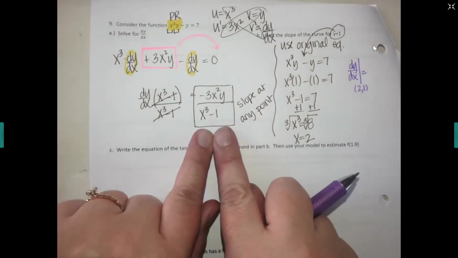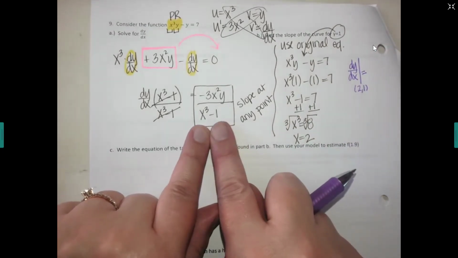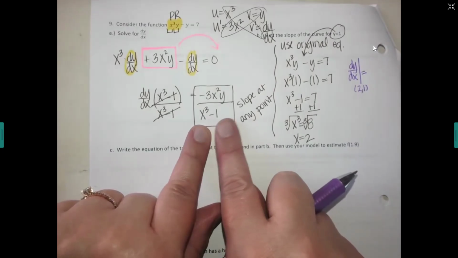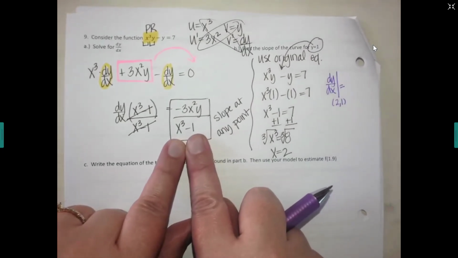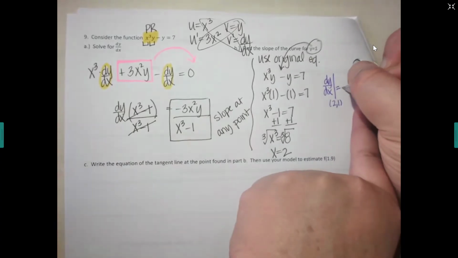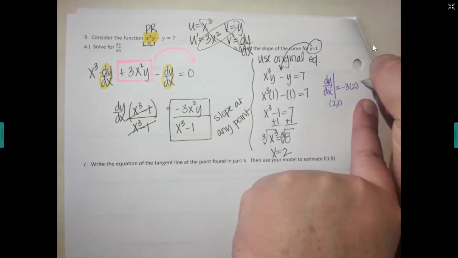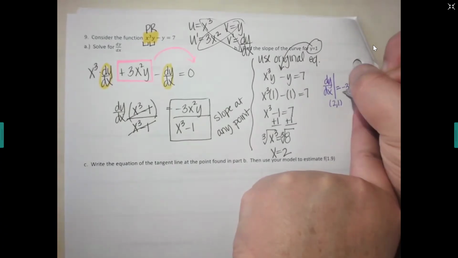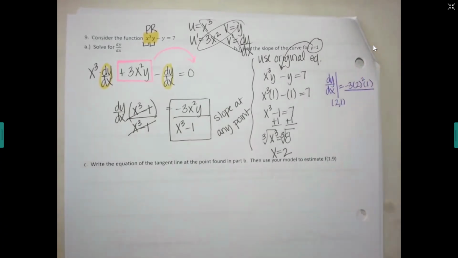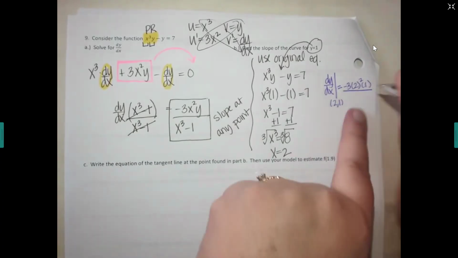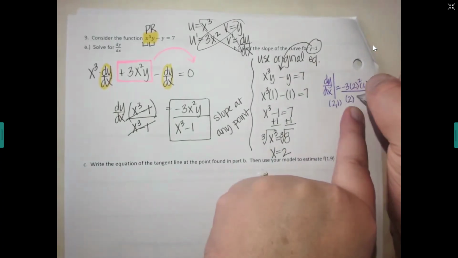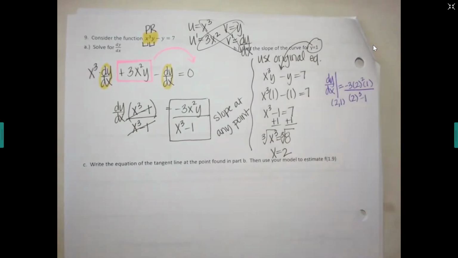And then I'm plugging into this guy right here. So it's a minus 3x squared y. Now that's going to be a minus 3 times 2 squared times 1. And then on bottom, it's an x cubed minus 1, so that'd be a 2 cubed minus 1.